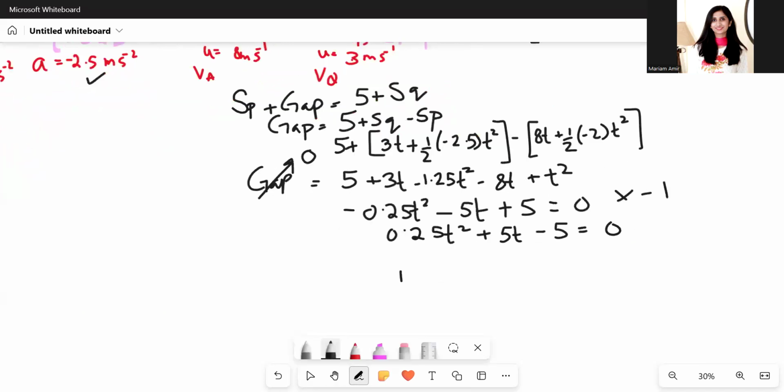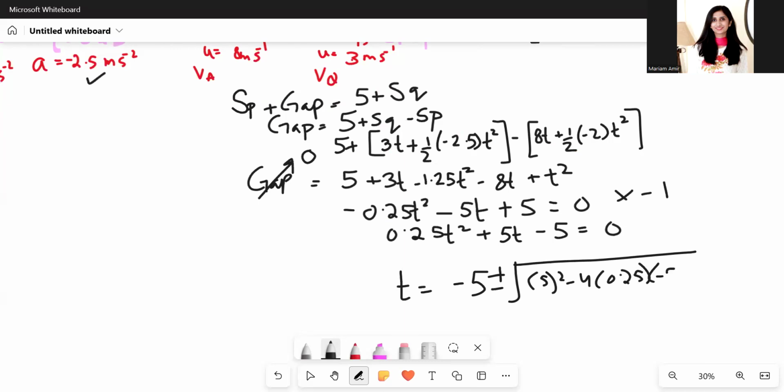That's t equals minus b plus or minus the square root of b squared minus 4ac, over 2a.